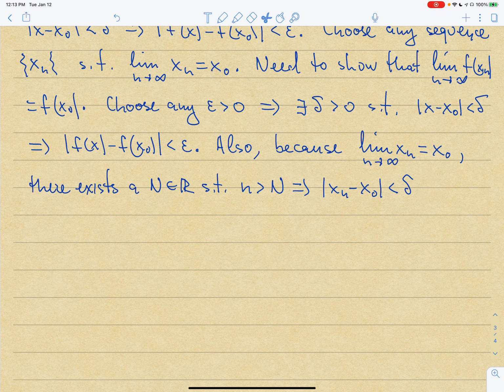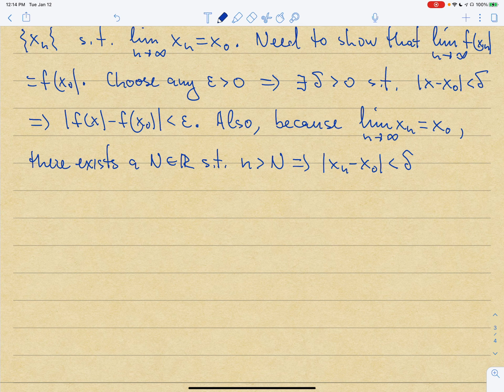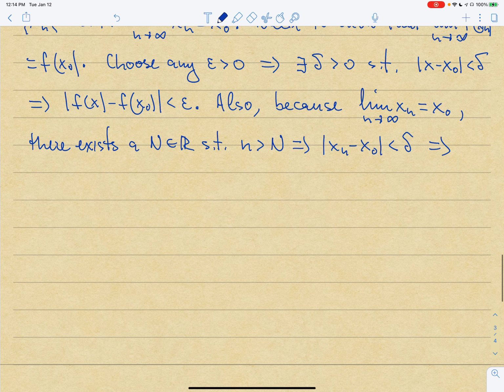So, but then if |xn minus x0| is less than delta, well, then xn satisfies this condition, right? And if |xn minus x0| is less than delta, then |f of xn minus f of x0| is less than epsilon. So therefore, from here it follows that |f of xn minus f of x0| is less than epsilon if n is bigger than capital N. Right? So once again, I used two facts.